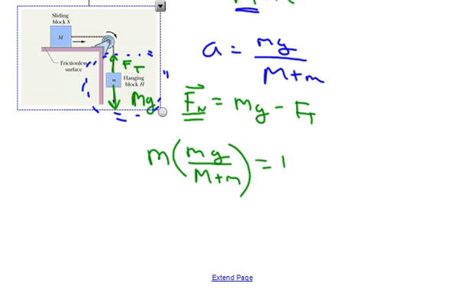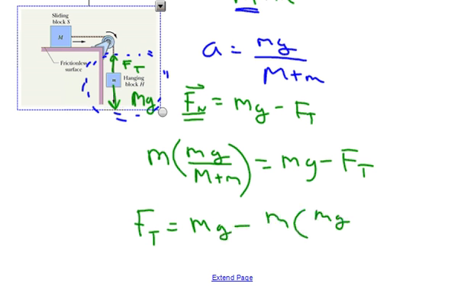That equals mg minus the force of tension. Therefore, solving this equation for the force of tension, we get that the force of tension equals mg minus m times mg over big M plus little m.